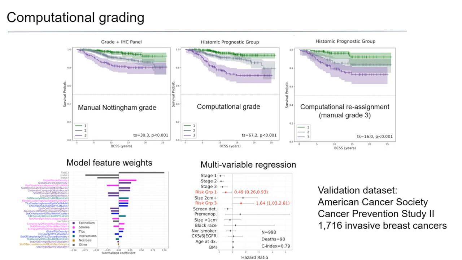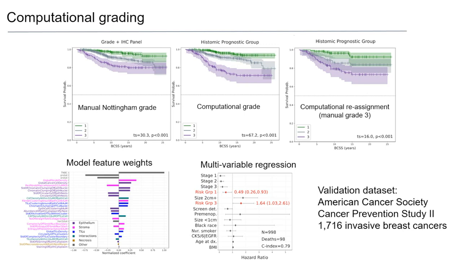If we look specifically, for example, in Nottingham grade 3, and we try to reassign these patients, we can see that we can take patients that have an outcome more consistent with grade 1 and separate those out. So even within these Nottingham grades, we can really separate out people that look similar to the pathologist but have very different outcomes. And I think we're very excited about that as a result.